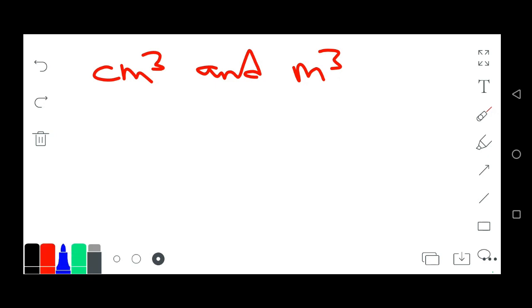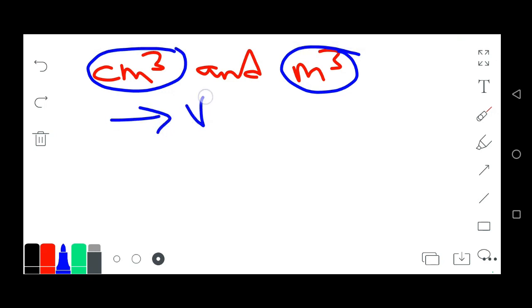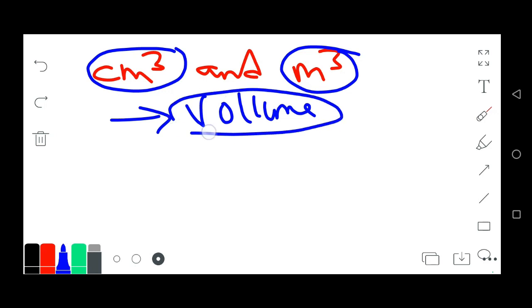Now the most important thing to understand is that this cubic meter we are just referring to as the volume. So it's very different the way you convert the length of a certain unit as the way you convert also the volume of the same unit.